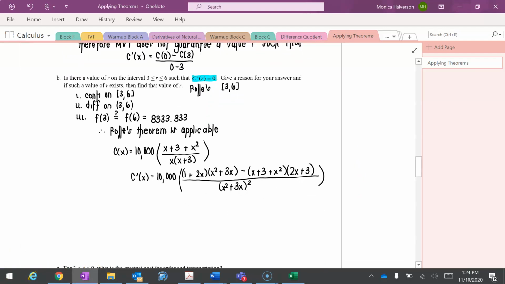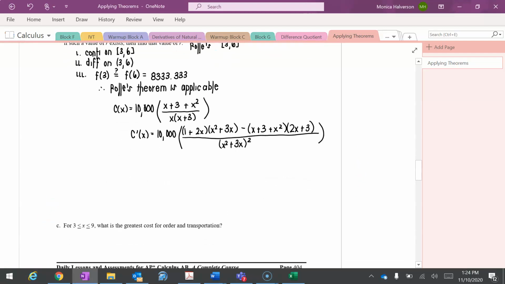Let's look at part C now. For the interval 3 to 9, what is the greatest cost for order and transportation? That term greatest should symbolize to you a maximum, and this should symbolize the use of the extreme value theorem.